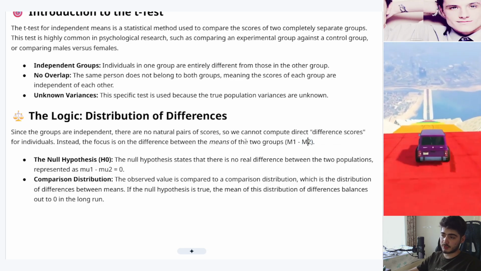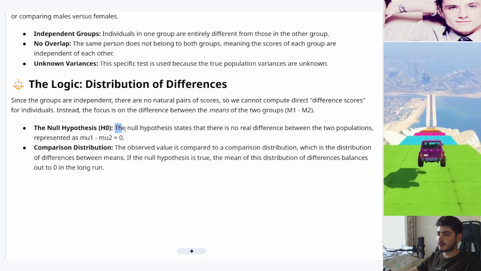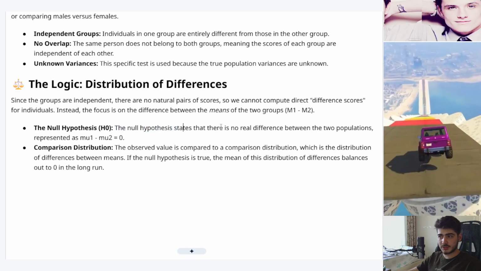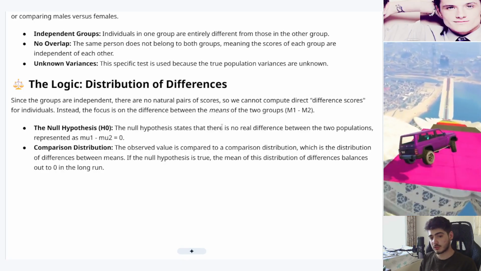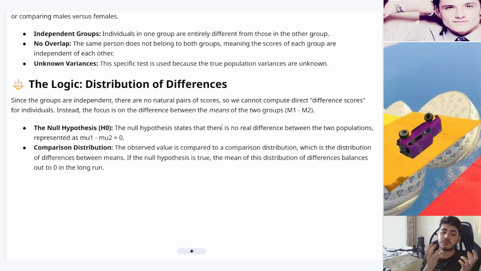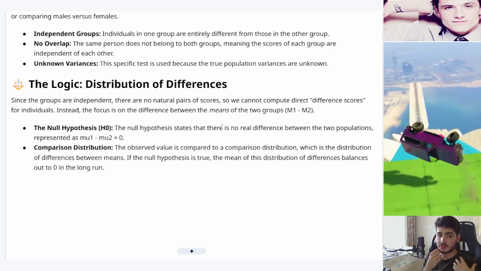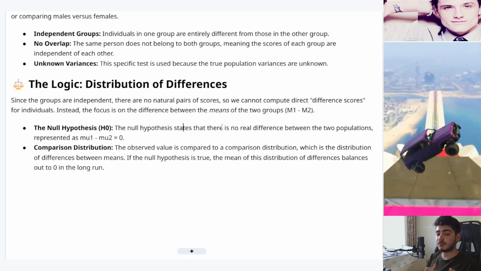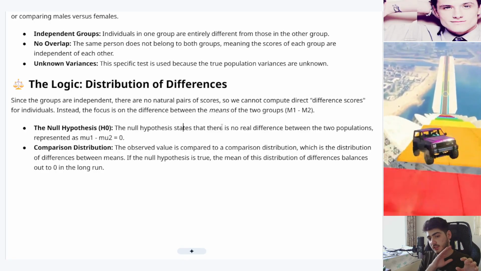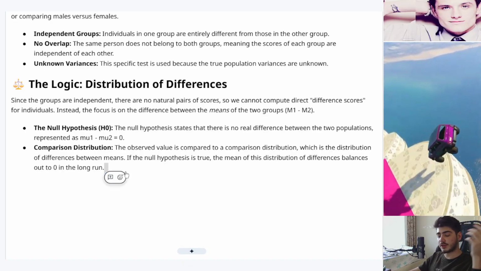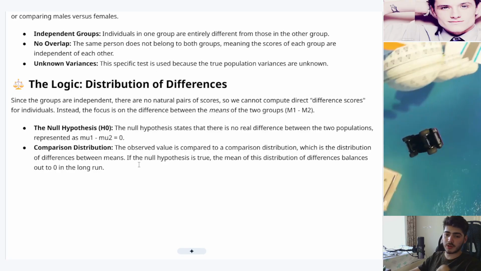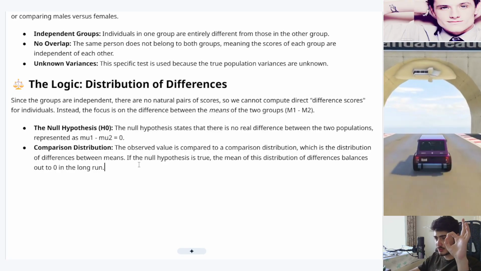The null hypothesis states that there is no difference between the two populations, so your control group and your experimental group are the exact same. Therefore, when you take their means and subtract them from each other, you're going to find absolutely zero difference.